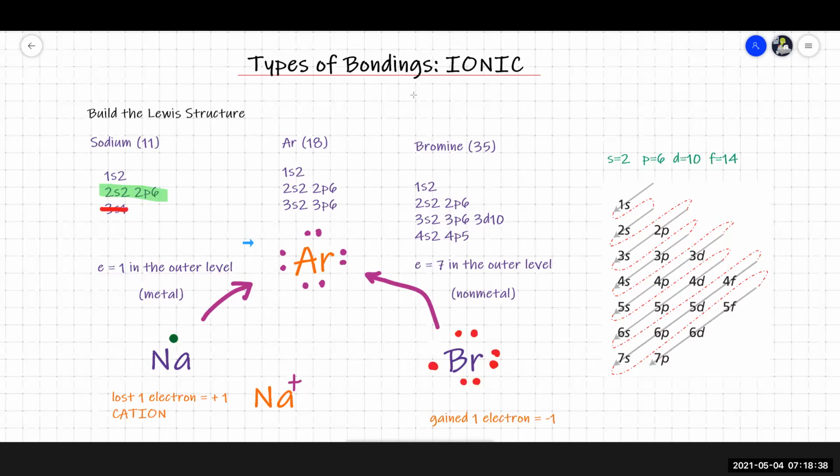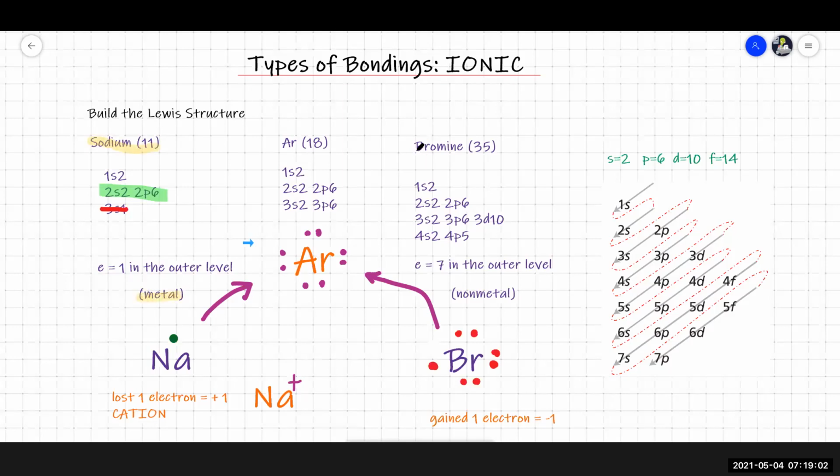Now, just make sure that bromine's Lewis structure makes sense, okay? I have 7 electrons in the outermost level. Now take a look. There's another thing that I wrote, and it is that sodium is a metal.